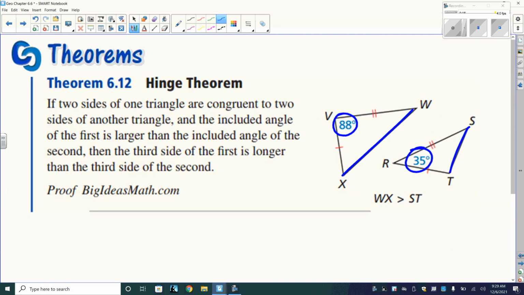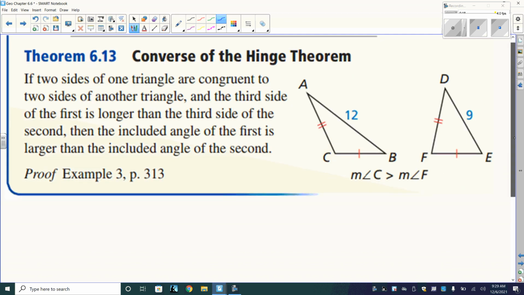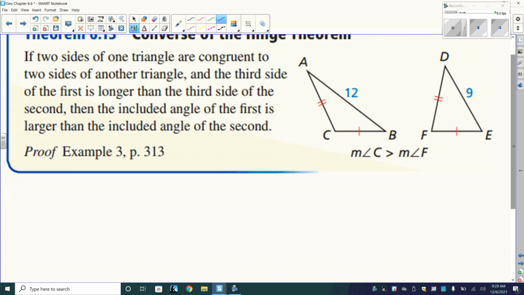And this here is just the converse of it. If we have two congruent sides and the third side is bigger than the third side of another, then the angle opposite the bigger side is going to be bigger than the other angle.